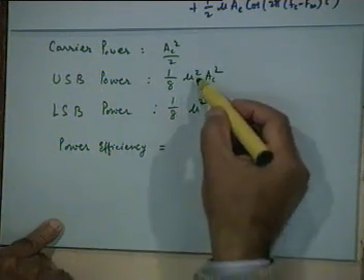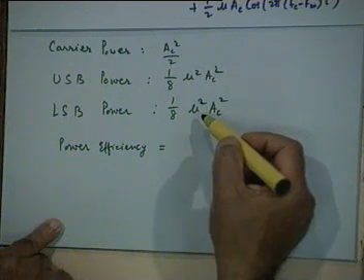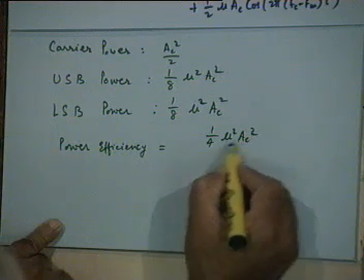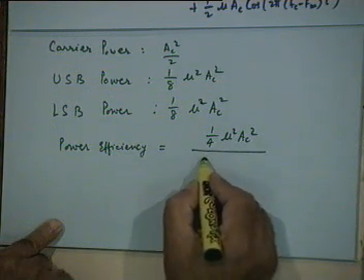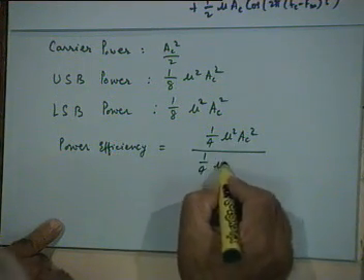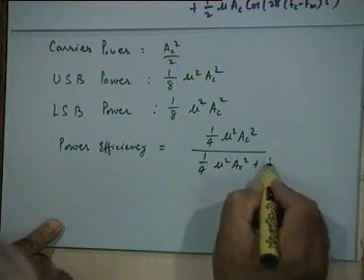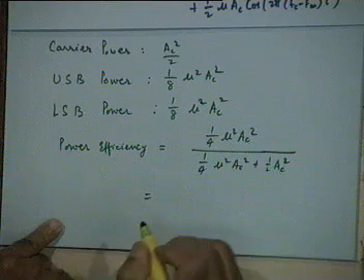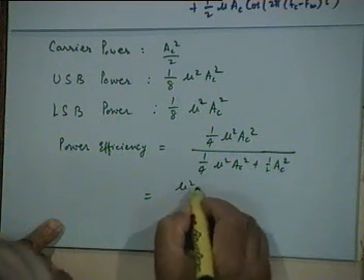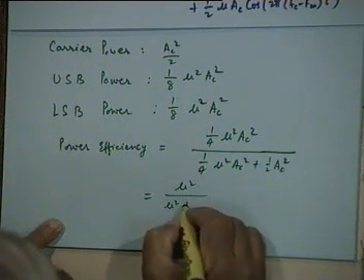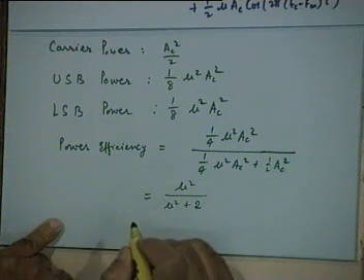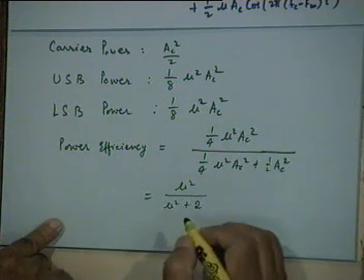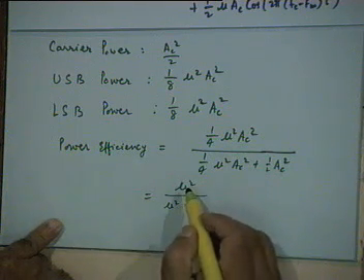It is this plus this, the power in the two sidebands. 1 by 4 mu square A sub c square upon 1 by 4 mu square A sub c square plus half A sub c square, right? Which A sub c square cancels off, and this simplifies to mu square upon mu square plus 2, right?